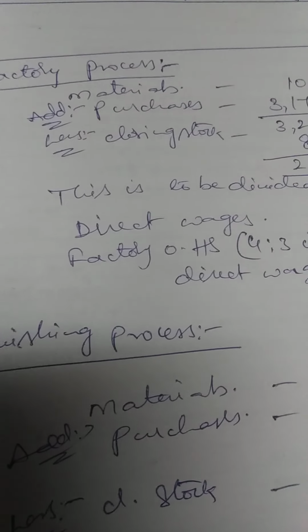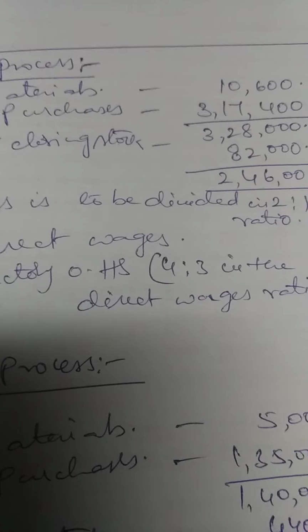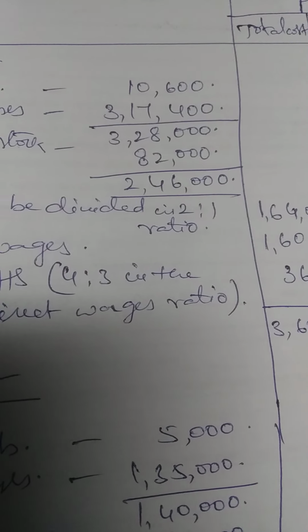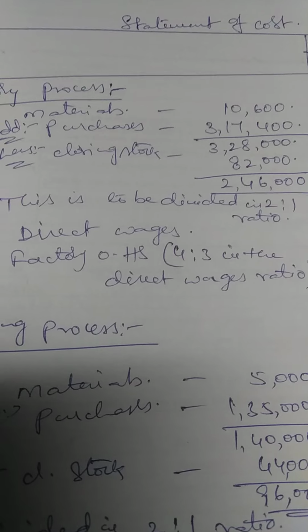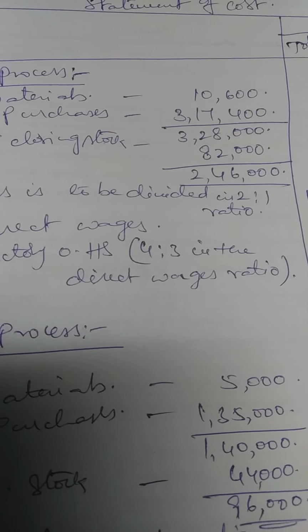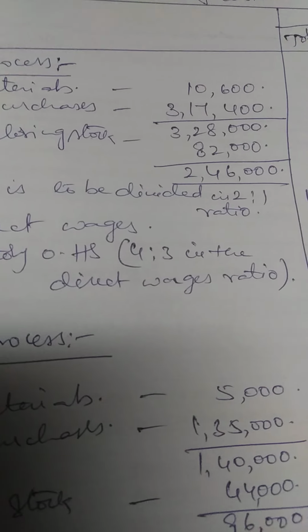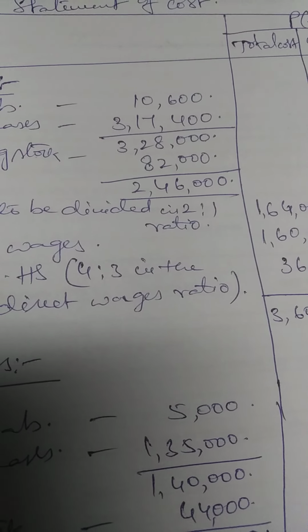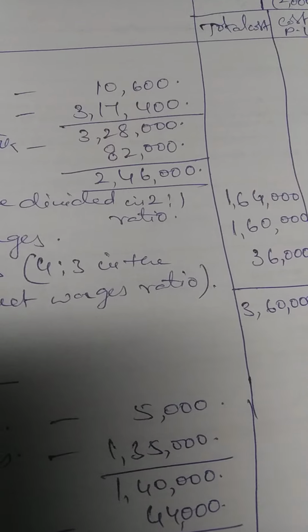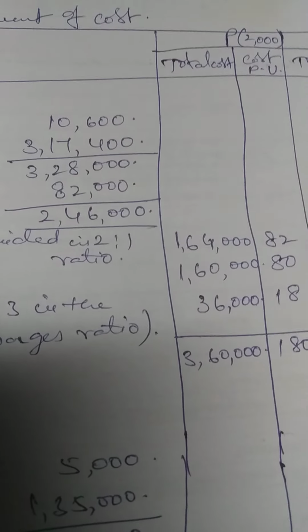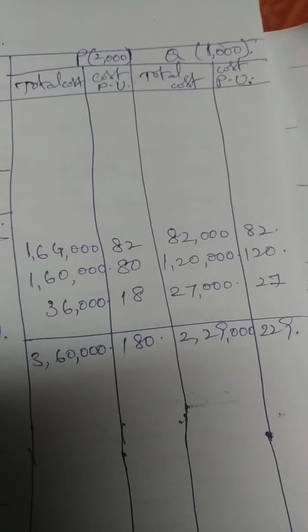So coming to factory process, materials first you take, it was given in the problem as 10,600. So for that we need to add purchases and deduct closing stock, which comes to 2,46,000. So this is to be divided, which is given in the problem. The materials are to be allocated in the ratio of production, means what is output for P 2,000 and for Q 1,000.